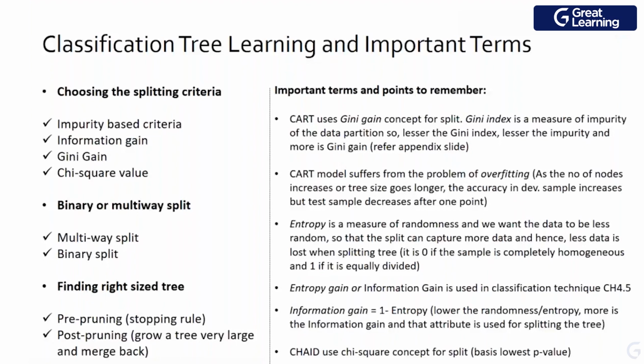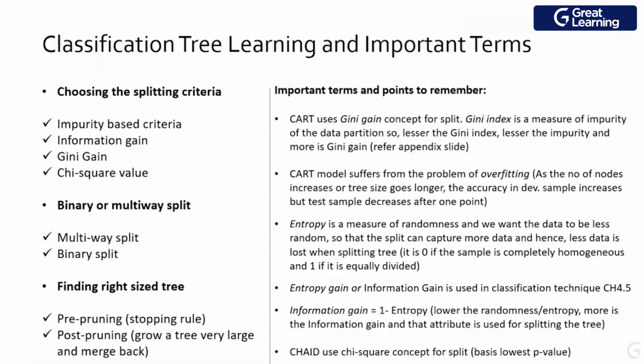When we're using a CART technique, which is the classification and regression tree technique, it uses a Gini gain concept for the split. The Gini index is usually a measure of impurity of the data partition. It's a very commonsensical thing that you will want the data partition to be less impure. Why? Because the less the impurity, the more pure it is and the more data it's able to capture.